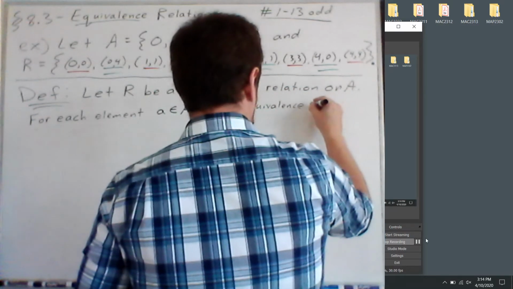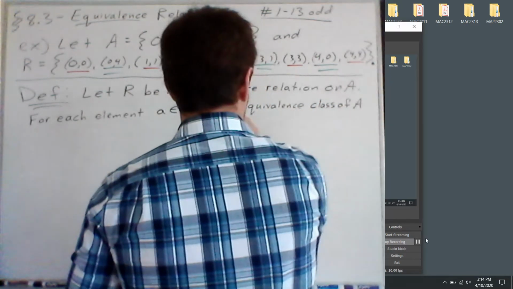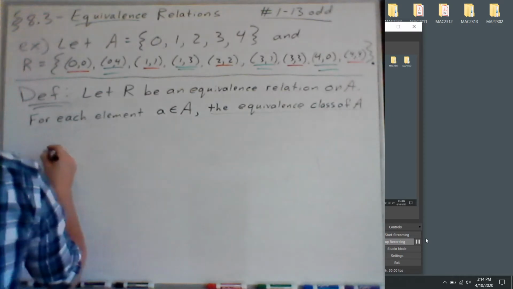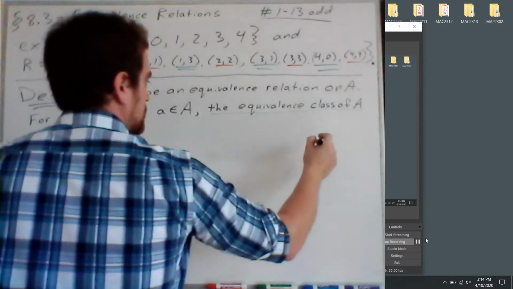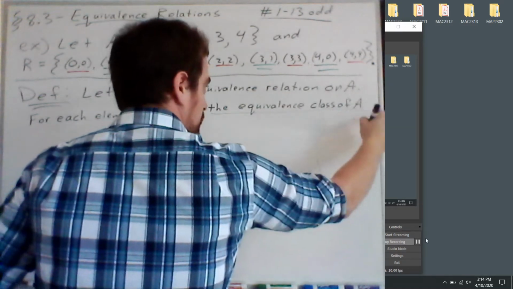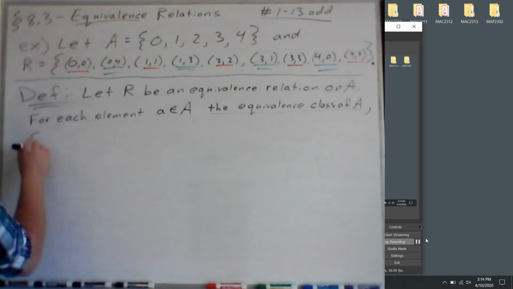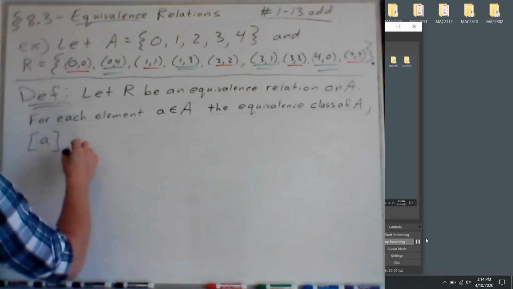The equivalence class of a, sometimes we denote this, for each element a in A, the equivalence class of a, which we denote, or at least the book uses, brackets a. And I know this can be confusing with integral notation and the integer part function. Yeah, they stole the notation.